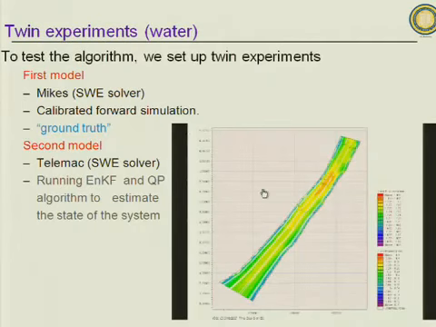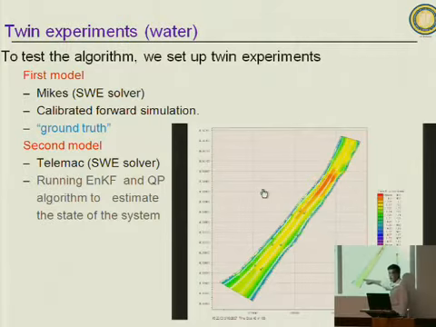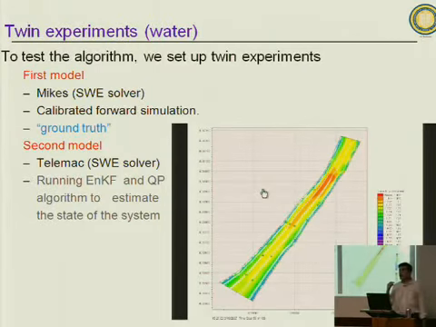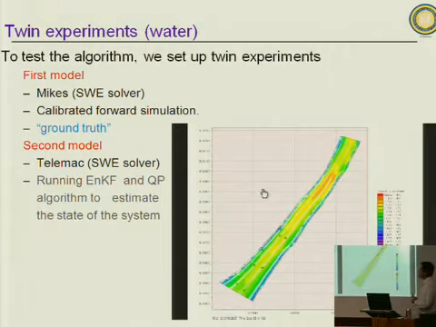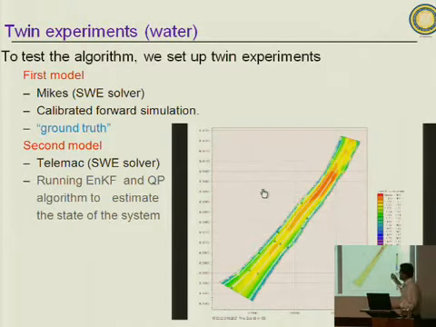Now, in the water case, the very similar concept of twin experiment is used very frequently as well. So what you can see in this movie is a simulation of releases of drifters. And the twin experiment in that context consists in doing exactly the same as we did for the highway. So what you do is you do a forward simulation.